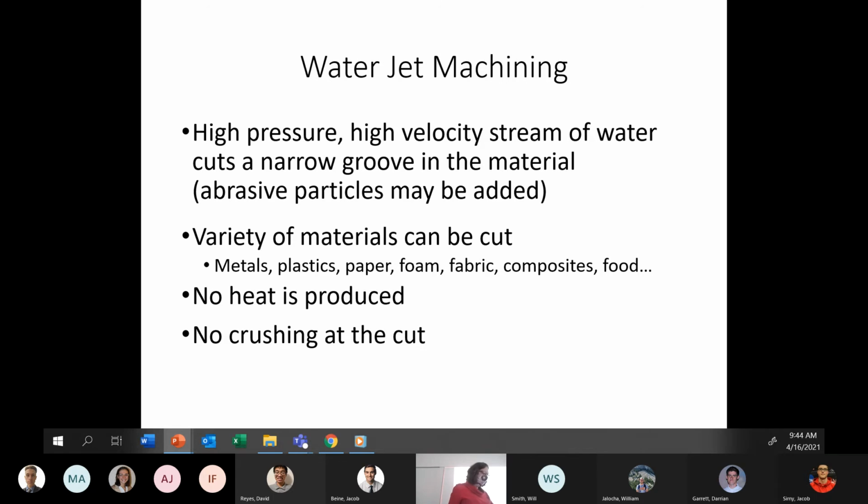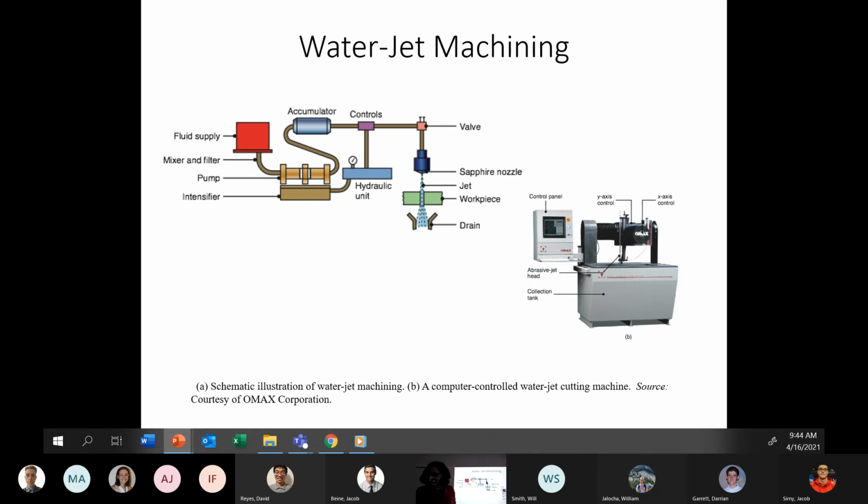It's kind of fascinating. I've used water jet in the diamond making business. Over here we have a water jet machine.